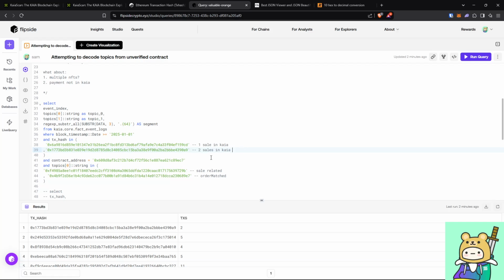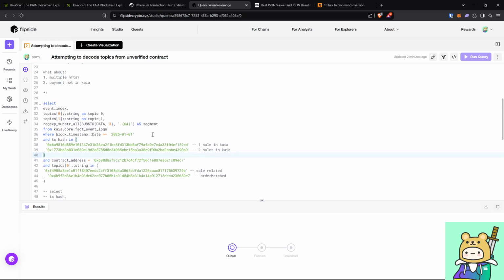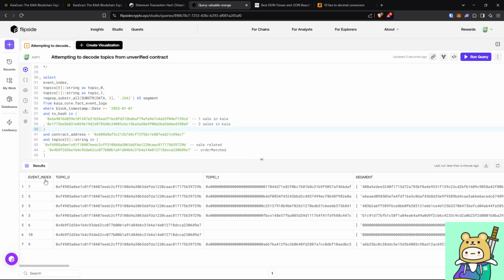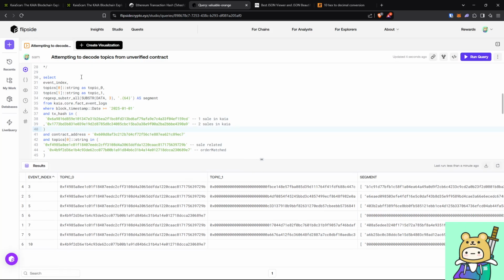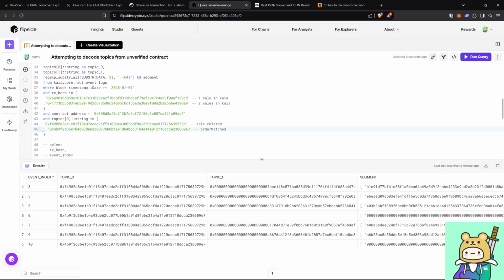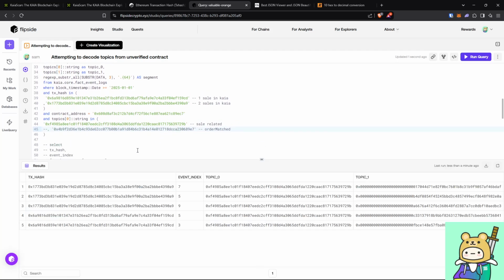I don't know if they support other token addresses, but yeah. So let's just run this. Okay, I need the tx hash here, and probably don't need the orders match now. So commenting that out.